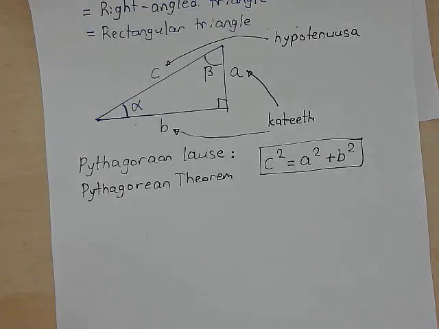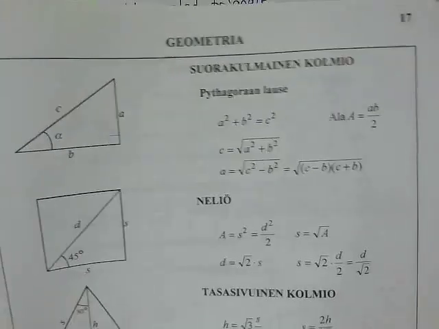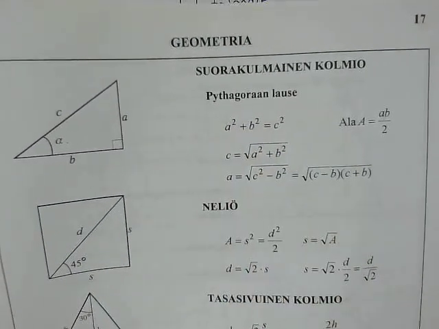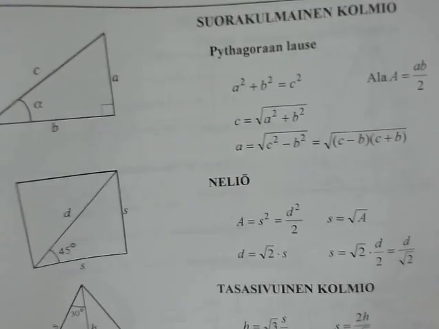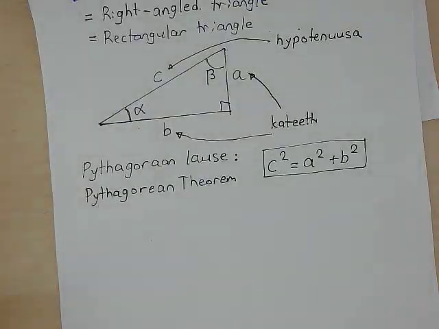In this formula book, I have not scanned this page, but there are Suorakulmainen kolmio and Pythagorean lause. It is written in a different order, but it's the same theorem or same formula.